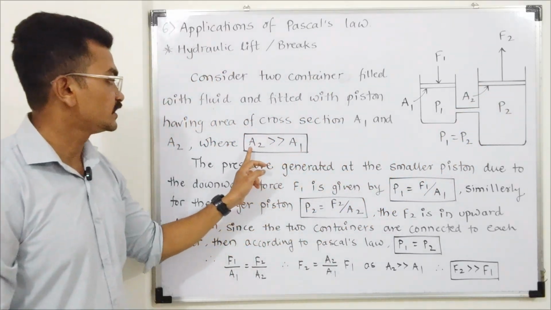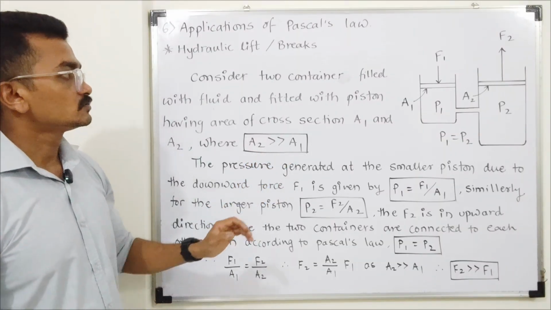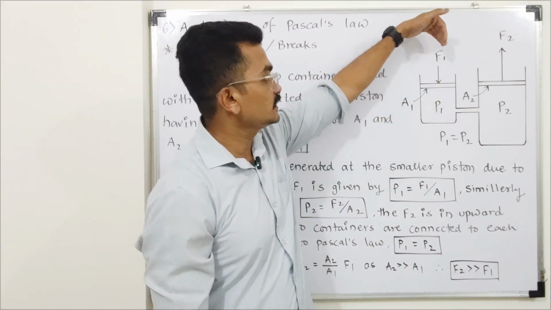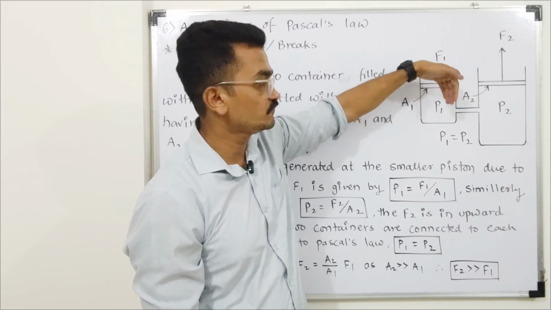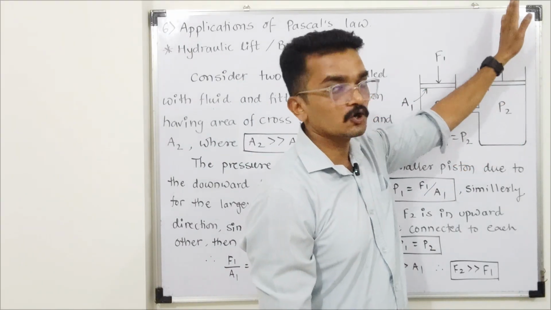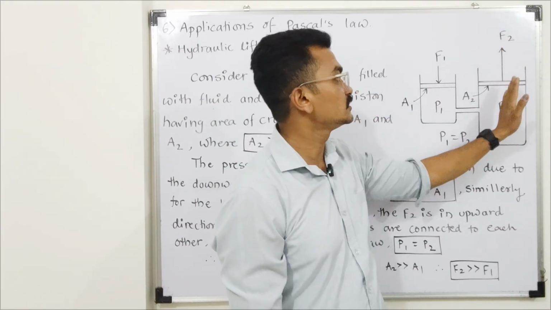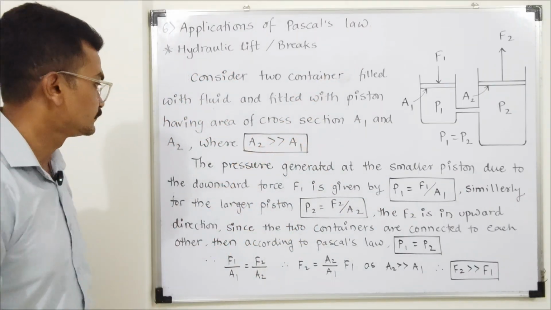So here we have A2 is very much greater than A1. The force F1 is applied on this piston in the downward direction, which is called the input piston, and this one is called the output piston. It exerts a force in the upward direction to lift the vehicle placed on it.